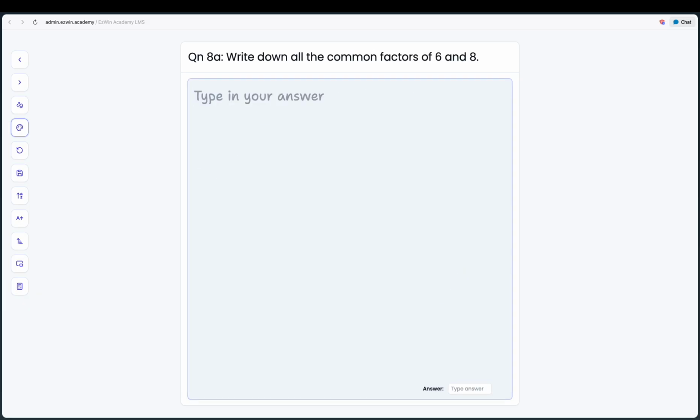Question 8a, write down all the common factors of 6 and 8. Common factors are basically numbers that we can divide or multiply. So for 6, it's 1 times 6, 2 times 3, that's it. 8 is 1 times 8, and then 2 times 4.